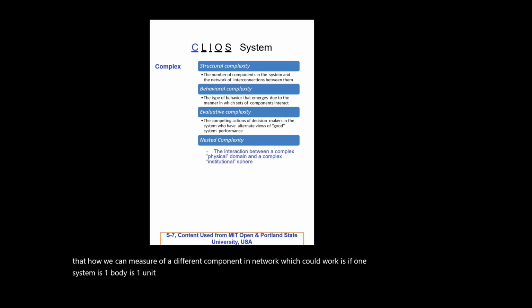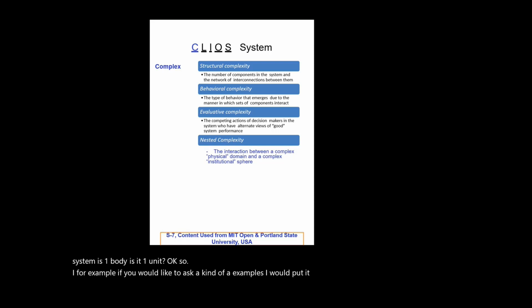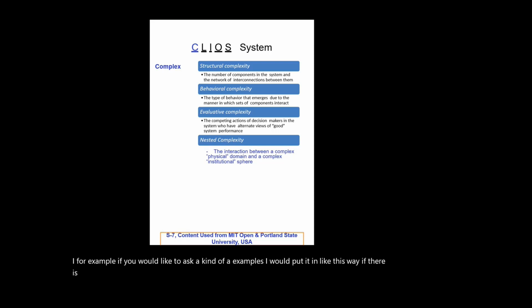For example, if there is a computer model, simulation model or coding model, there are three different stages to complete a single step. Then we would like to see whether it is completed.